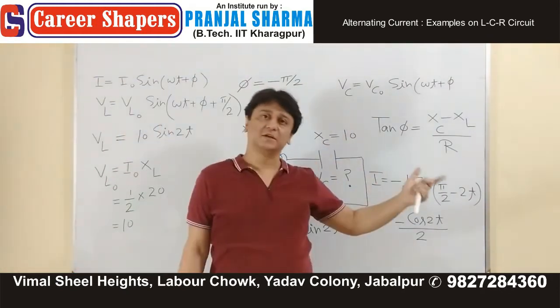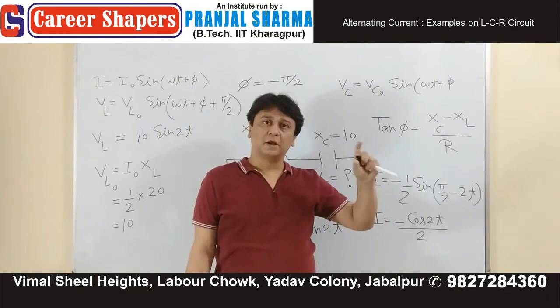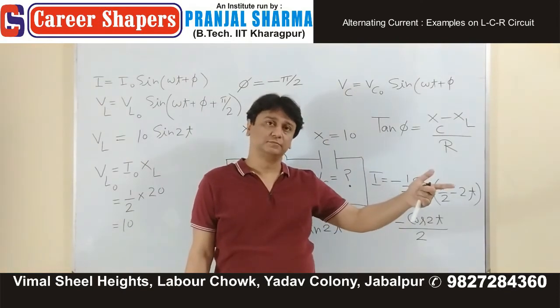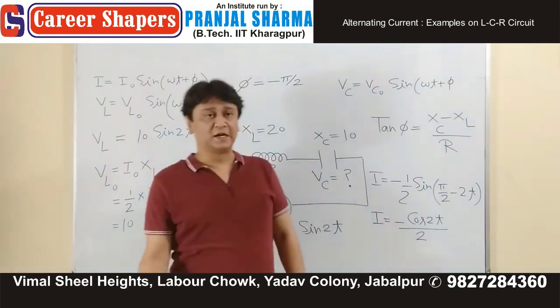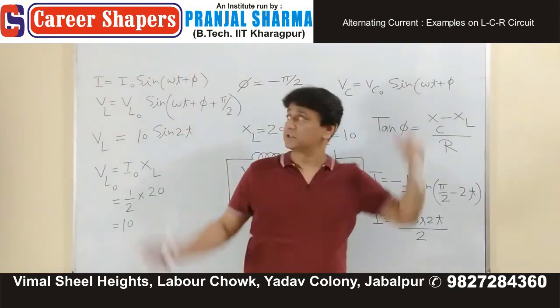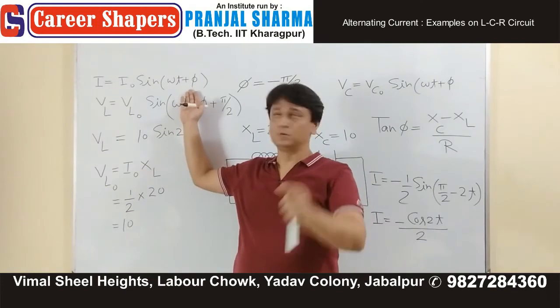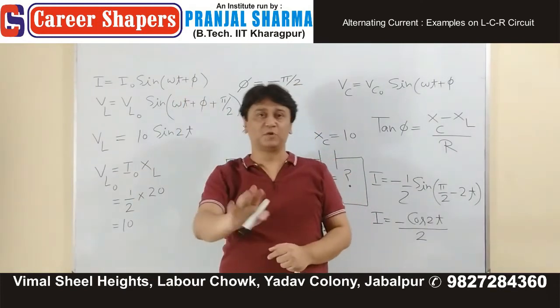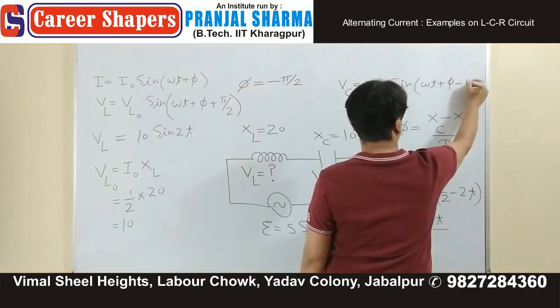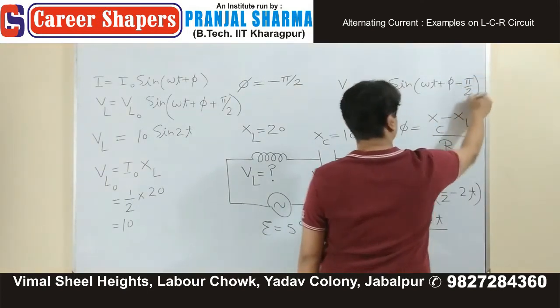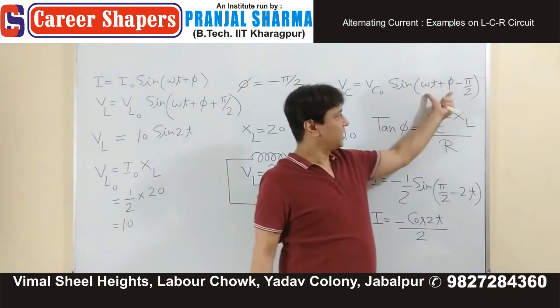For a capacitor, current leads the potential difference across the plates. So if current leads, that means if current is known, then potential difference will be behind. Behind means minus of pi by 2. This is the phase of current.